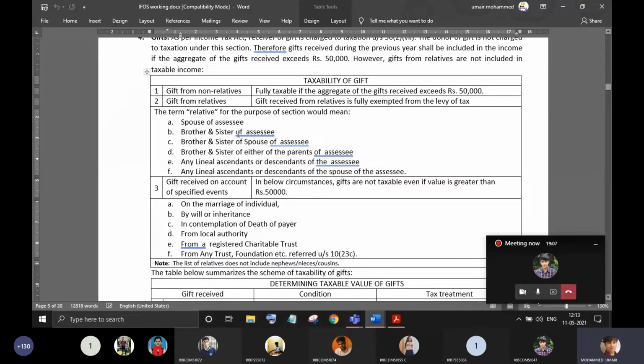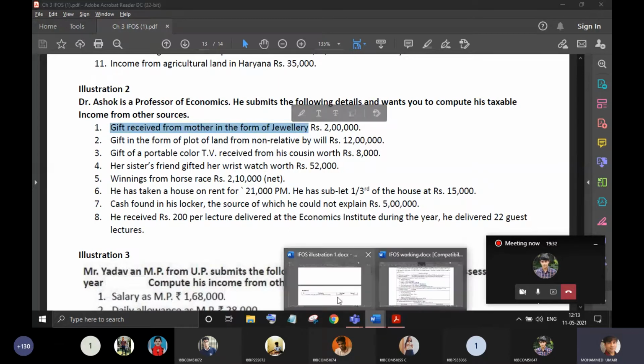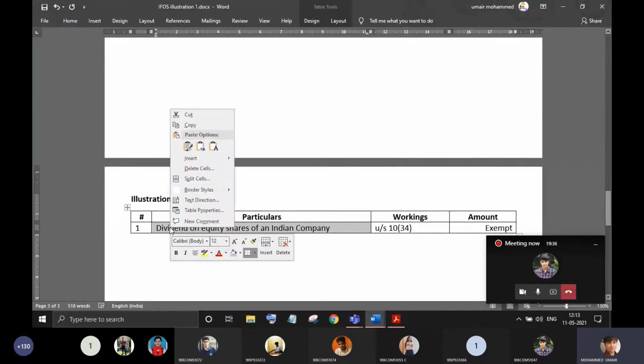Mother will fall under the category of ascendants, right? Ascendants include your mother and father, your grandmother, grandfather, both maternal and paternal, and great grandparents. Since mother is a relative, gift received from a relative is not taxable. So let's write down the transaction.